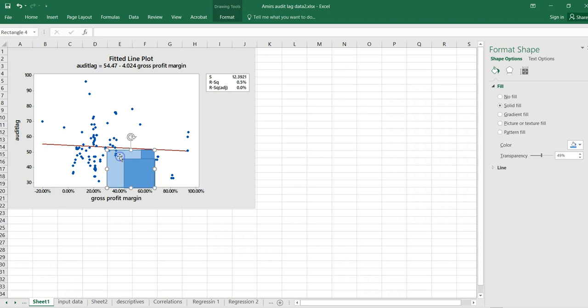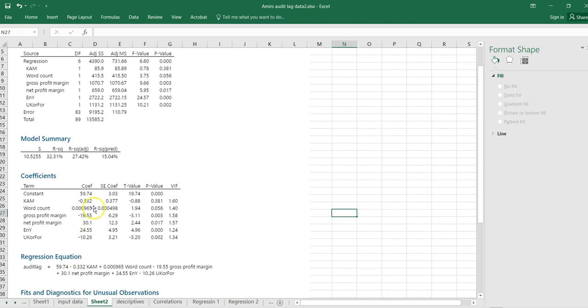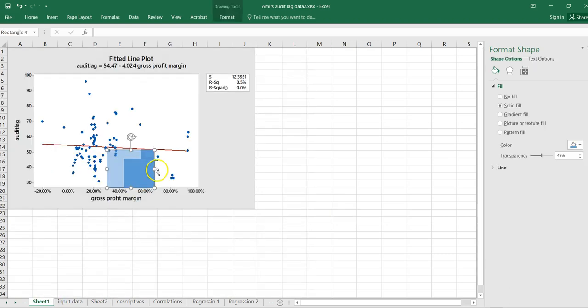That's our explained sum of squares. And so that's the total of that. And this is the total of the unexplained, the error as they call them here. And the unexplained element is this little square. The squared difference between the point and the line. That is the unexplained element. And that is what regression is doing.